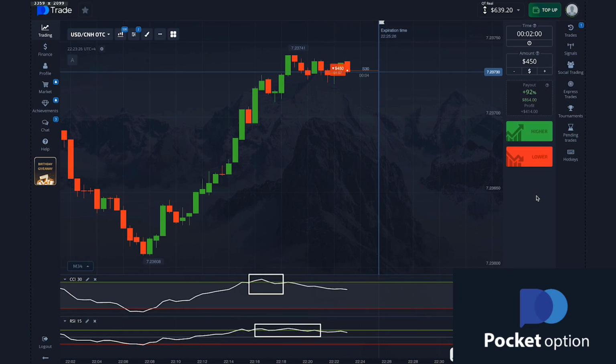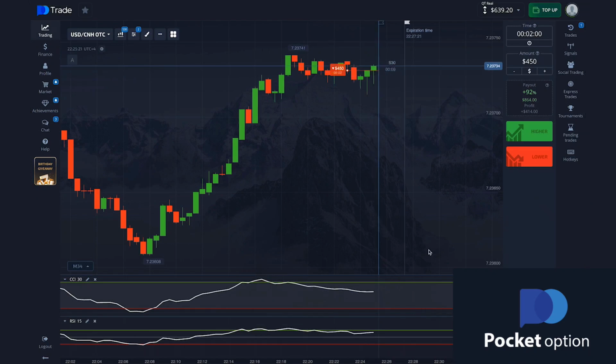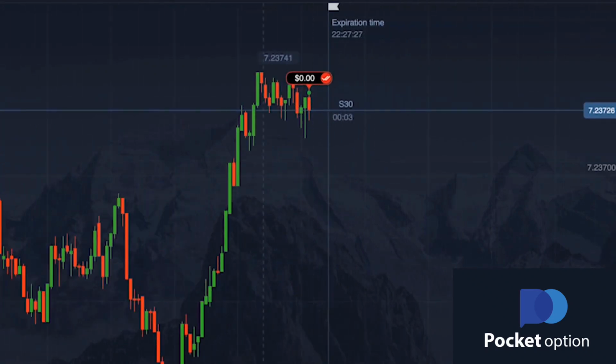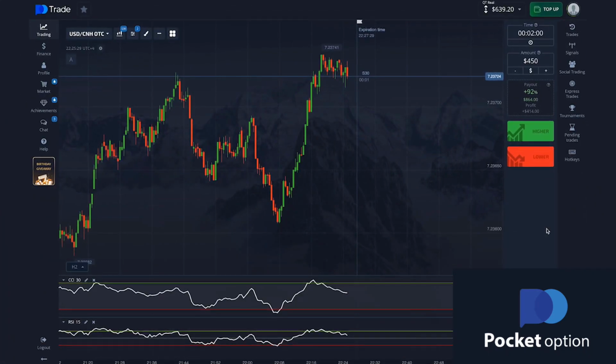So if the indicators show a downward signal, then you should see a corresponding trend motion on the chart. And I don't see a clear downward motion right now. I see a sideways motion with no trend. Let's see what happens next. Yes, colleagues, this trade turned out to be unprofitable, and I'm not the least bit surprised.